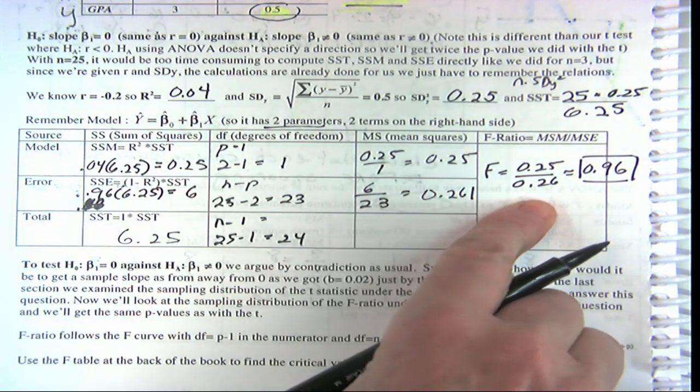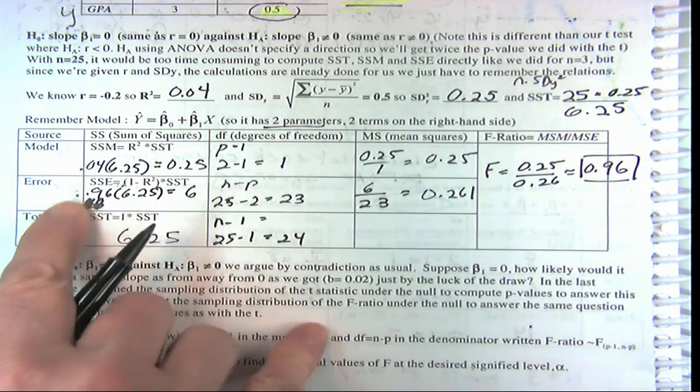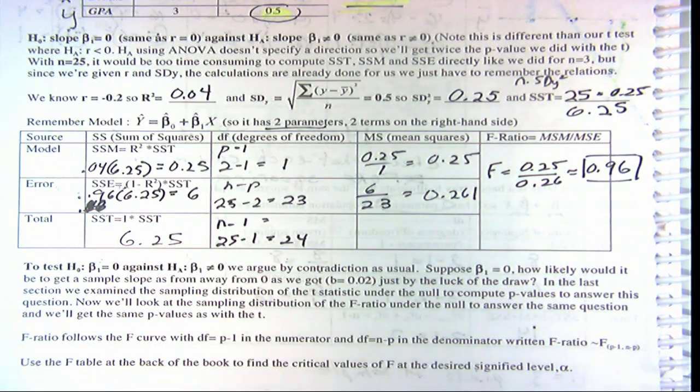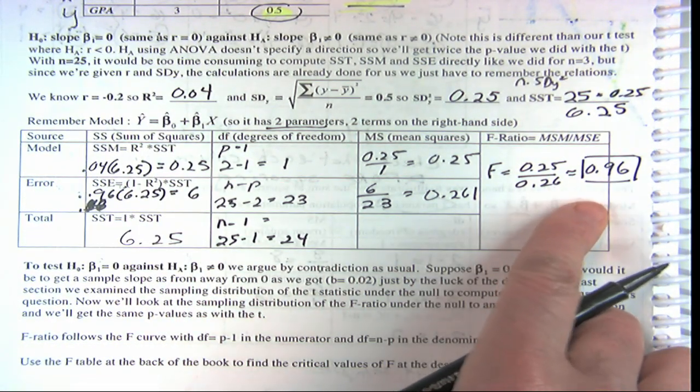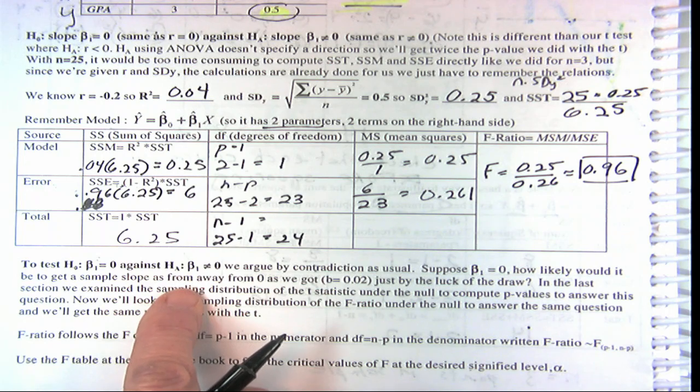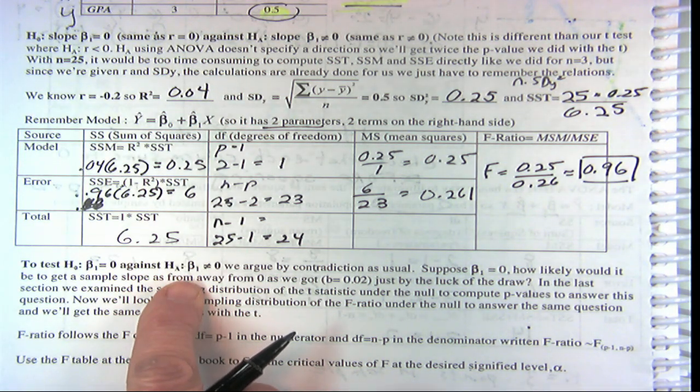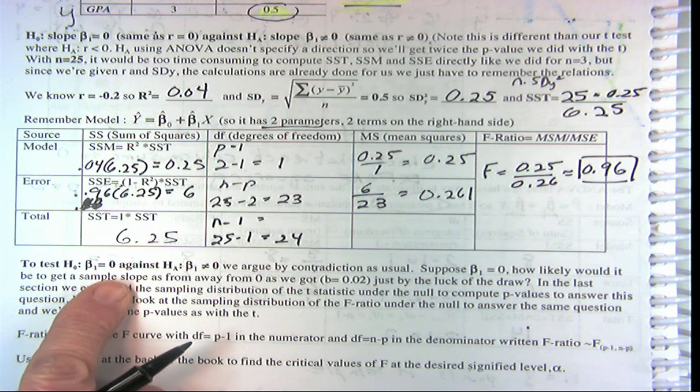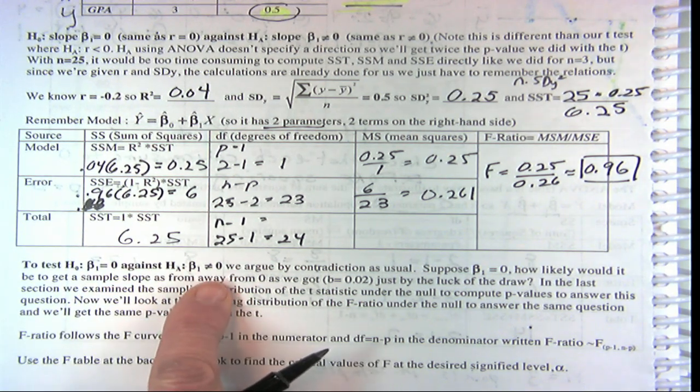F has to be positive. We're doing the sum of squares, so it's always positive. So it's always two-sided. It can't distinguish between your alternative being less than 0 and greater than 0. So it's putting those two together.